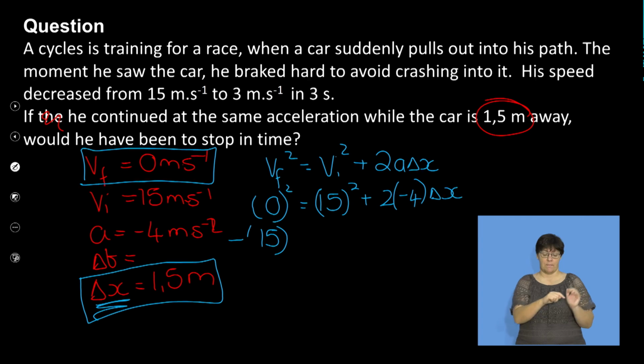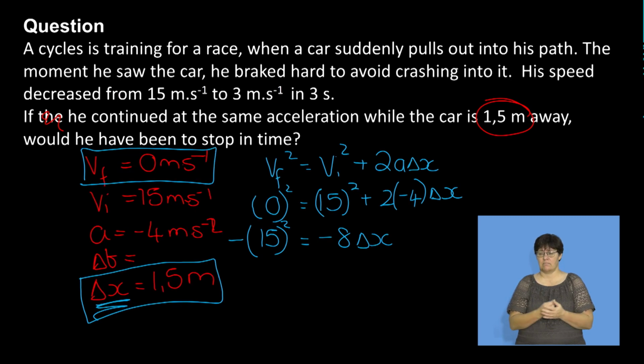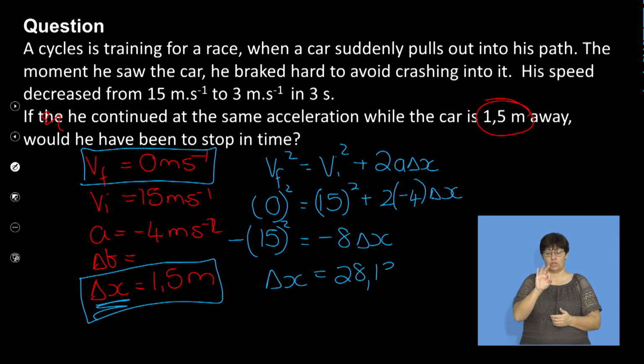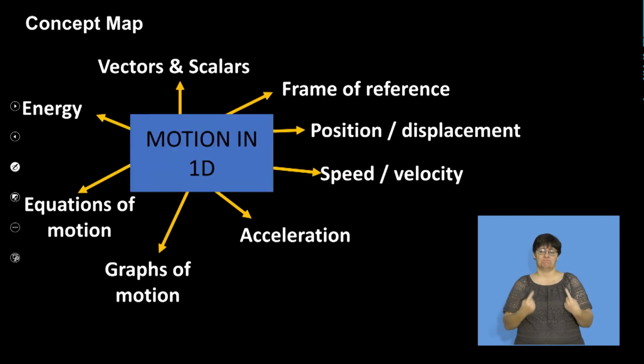Okay, and that's -8. So on my calculator, I'm going to go 15 squared, and I'm going to divide that by 8. And I get, he's not going to stop in time. Because what do we get? We get 28.13 meters, which is bigger than the distance he had. So he won't stop in time. Not a chance will he stop in time.